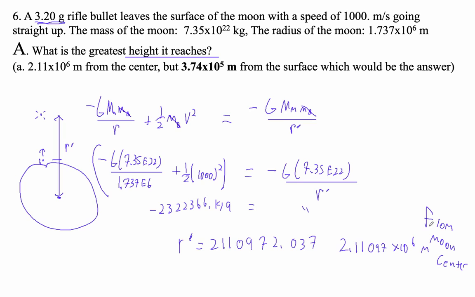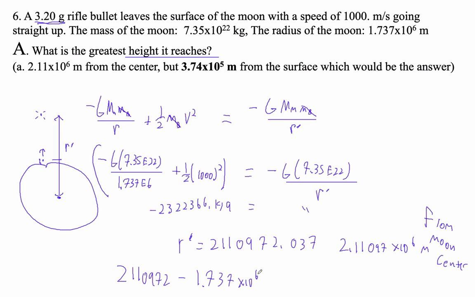Okay, so that's not how high it goes. We have to subtract R. So 2110972 minus 1.737 times 10 to the 6th. I'm going to go minus 1.737 because we want to know how far above the surface it is, right? So we got to subtract the radius of the moon.